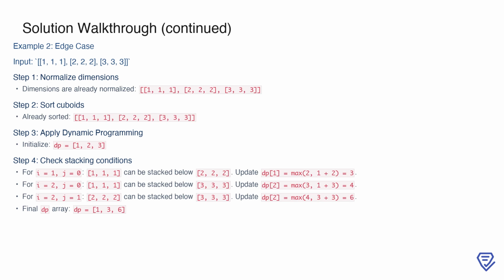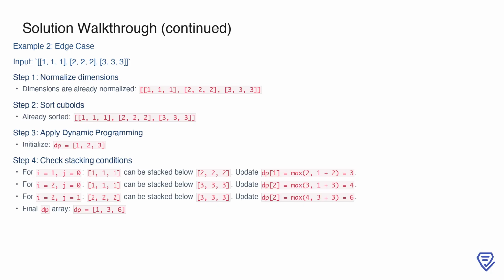We initialize the dynamic programming array, dp, to the heights of the cuboids, dp equals [1, 2, 3]. Then, we check stacking conditions. For i equals 1 and j equals 0, [1, 1, 1] can be stacked below [2, 2, 2], so dp[1] equals max(2, 1 plus 2) equals 3.